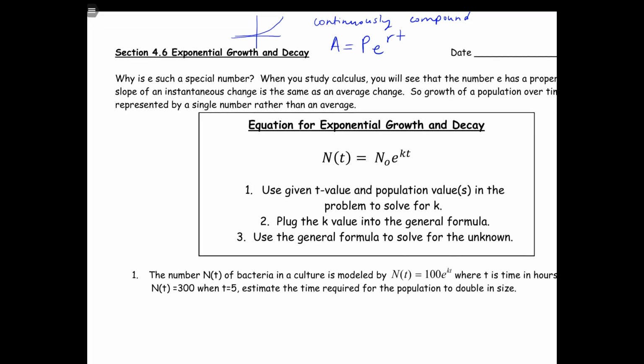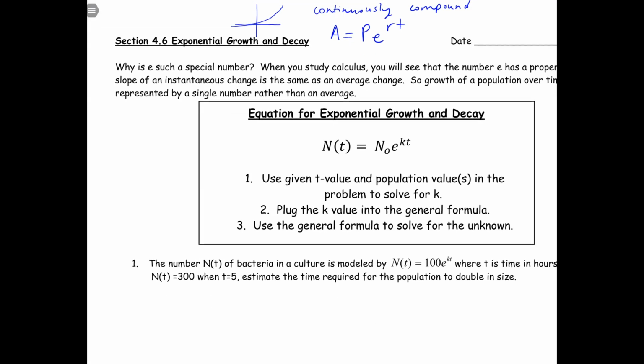So what do these values refer to? N of t refers to the amount of population at a given time. N of 0, that's your initial population.